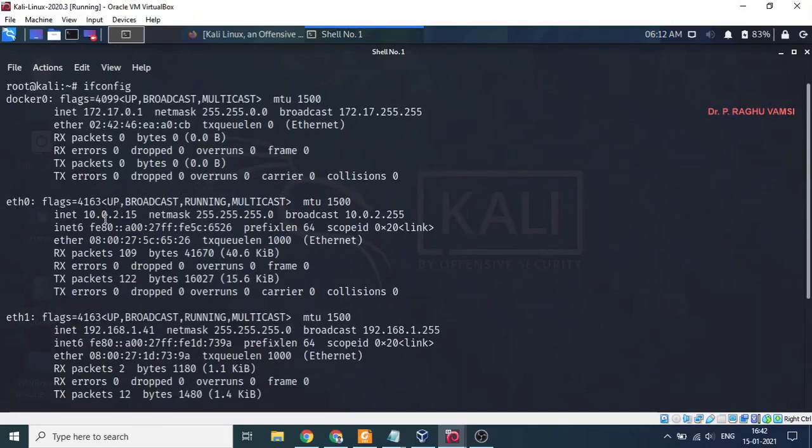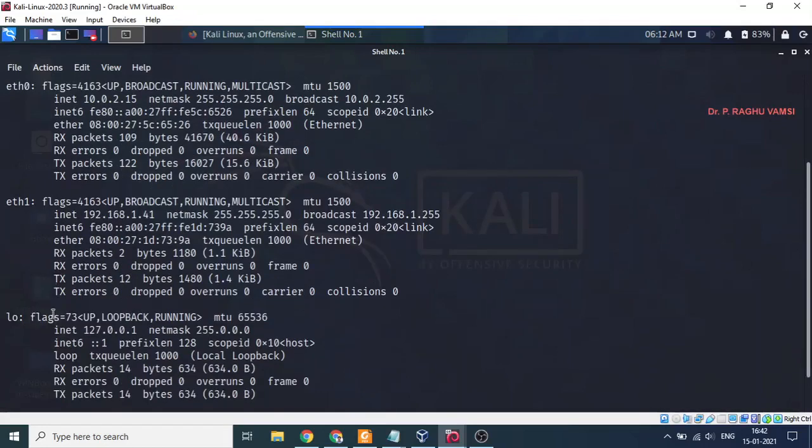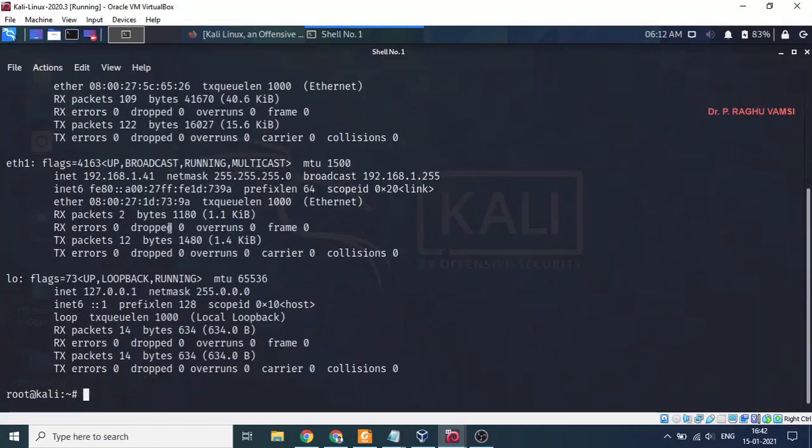Now Ethernet 0 is also up, Docker 0 is up, Ethernet 1 is also up, loopback adapter is also up. It's almost 2 virtual and 2 other interfaces are also active at a time.